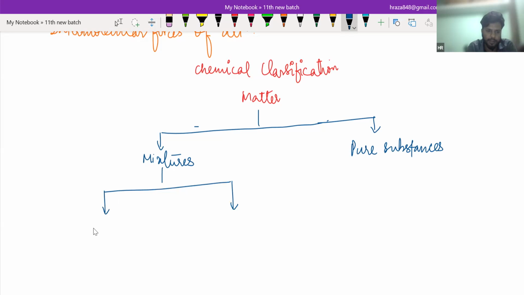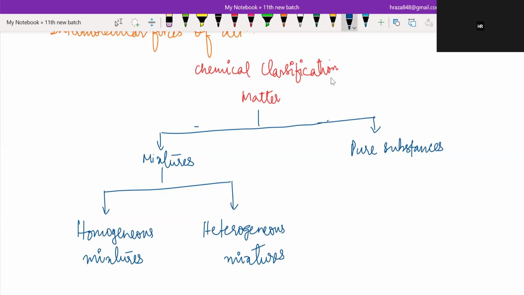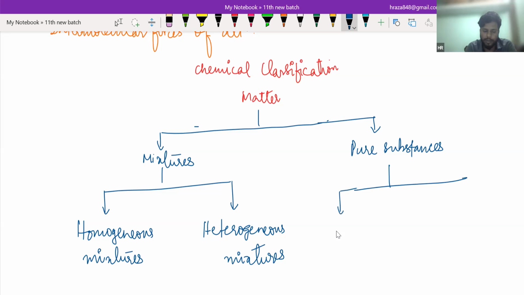You already know from class 9. That is homogeneous mixture, and the second is heterogeneous mixtures. Now again, if you are going to classify pure substances, it will be classified into three parts: elements, molecules, and compounds.